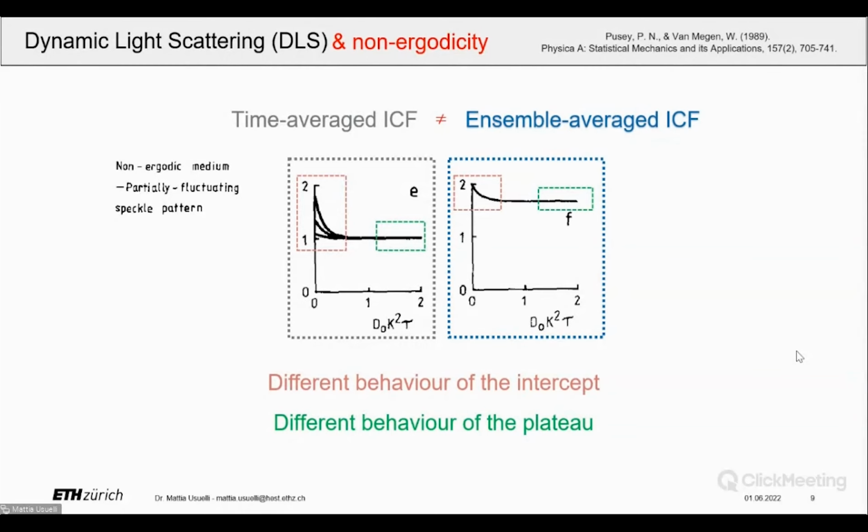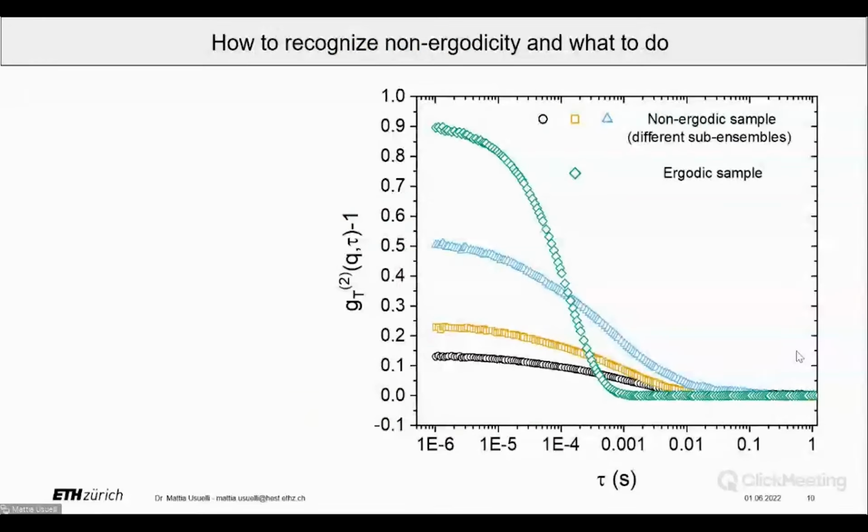When I do a time average intensity correlation function, G2 decays to 1, so if I take G2 minus 1, it decays to 0. But the ensemble average intensity correlation function is telling me something different: my function is not decaying to 0, and this is related to the fact that my colloidal objects cannot perform a full displacement compared to the characteristic length scale that I am analyzing with my dynamic light scattering experiment.